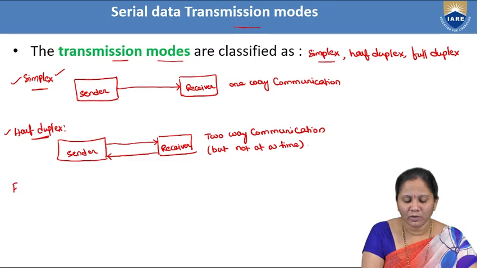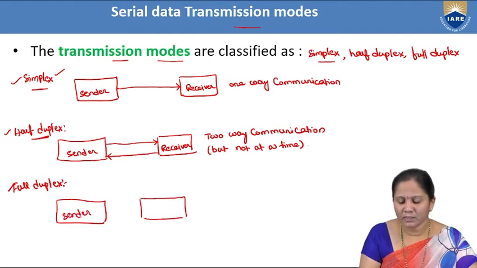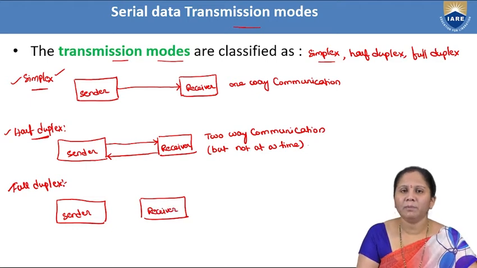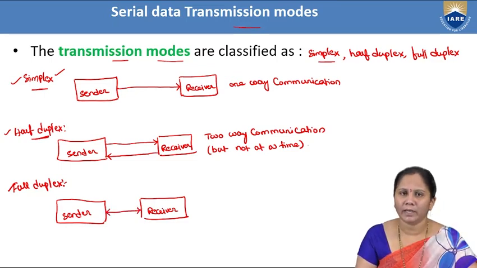Next one is full duplex communication. In this full duplex communication, we will have a sender and here a receiver will be there. In this type of communication, the data will be transmitted between the sender and receiver at a time.